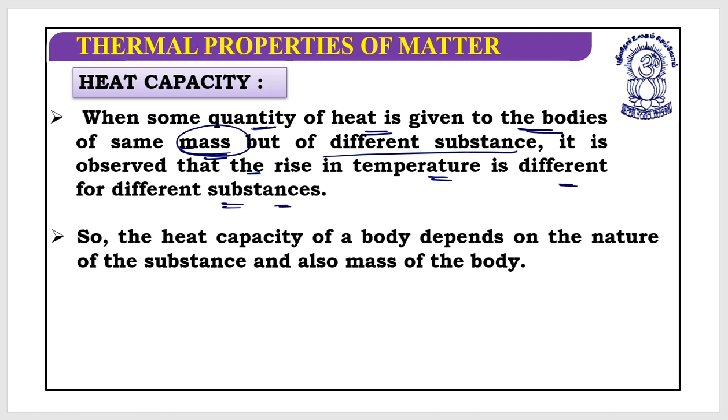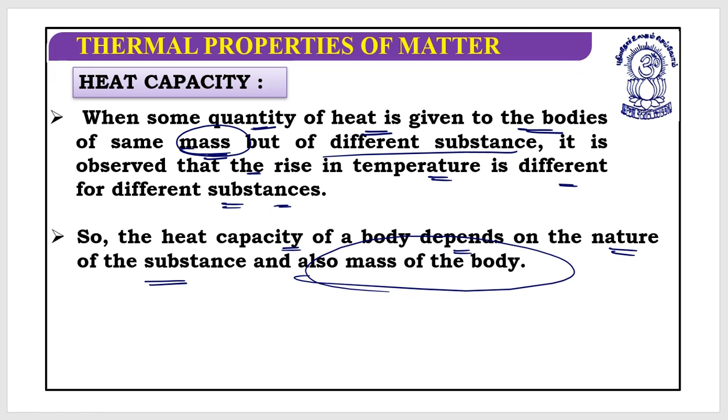Their masses are the same, but their substances are different, so their heat capacities are different. The heat capacity of a body depends on the nature of the substance, and also on the mass of the body.